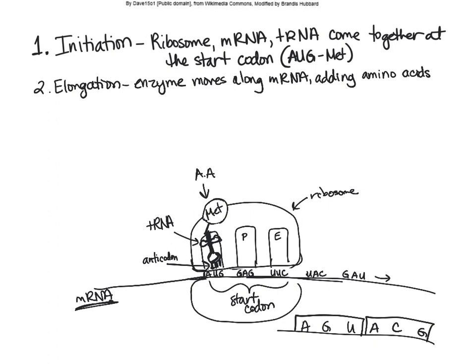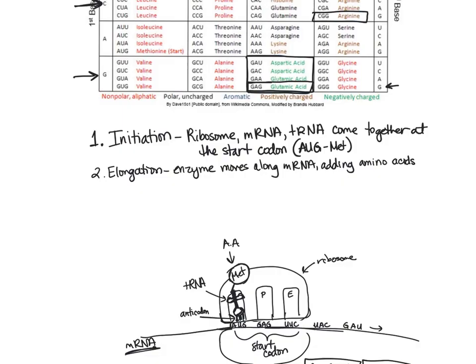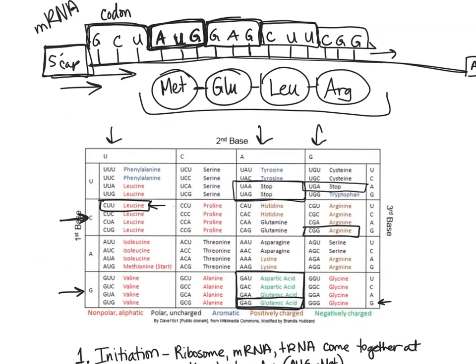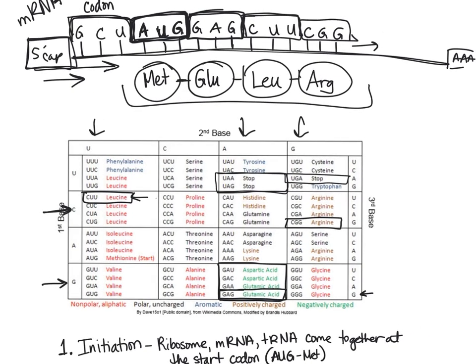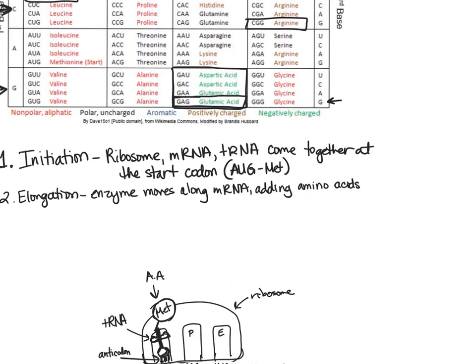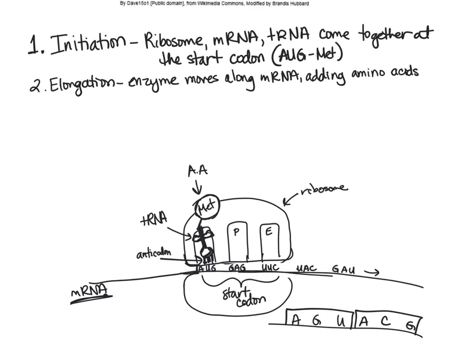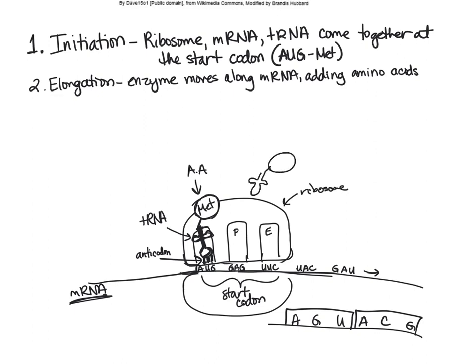So in elongation, we have our tRNA here, which is already attached to our AUG, and we have our methionine. Then we have our next codon, which is the GAG. If we look back at our chart, our GAG gave us glutamic acid. So what happens in elongation is that we have a tRNA that has a glutamic acid attached to it.